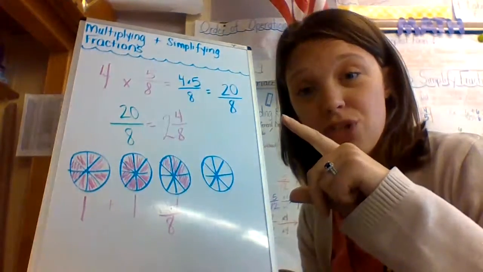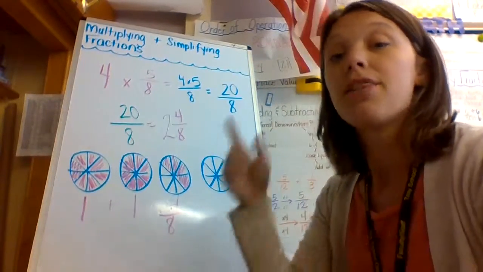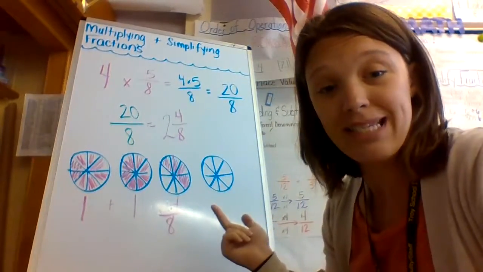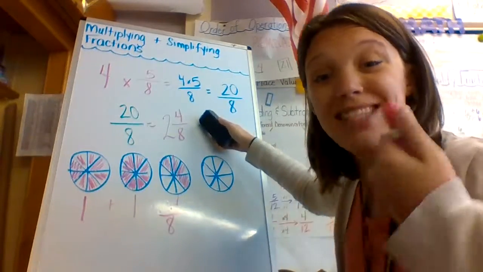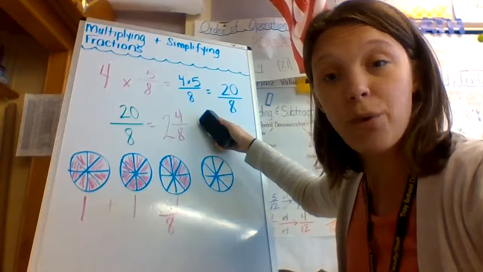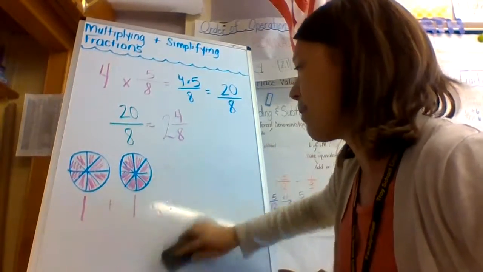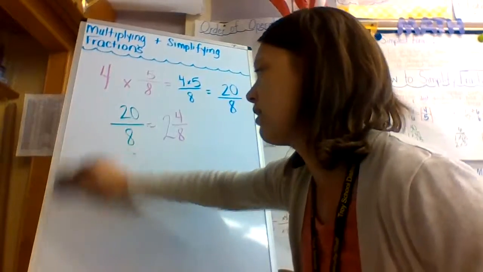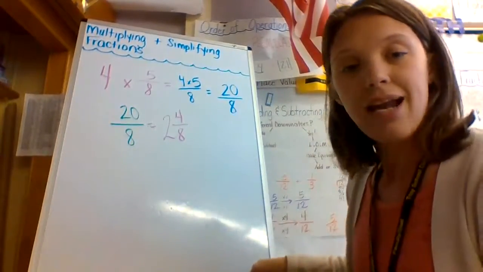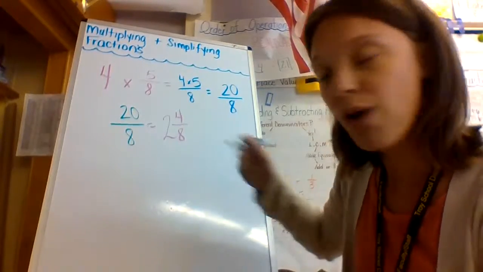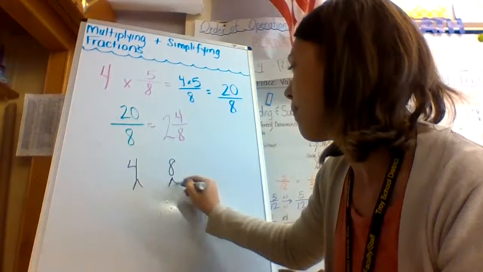So my first strategy, I used math and numbers and subtraction. This method, I drew a picture instead. And when I drew a picture, I got the same response, 2 and 4/8. Last step, 4/8 can be simplified into a more reduced fraction. And that is just the same process we did before with listing all the factors of 4 and 8.